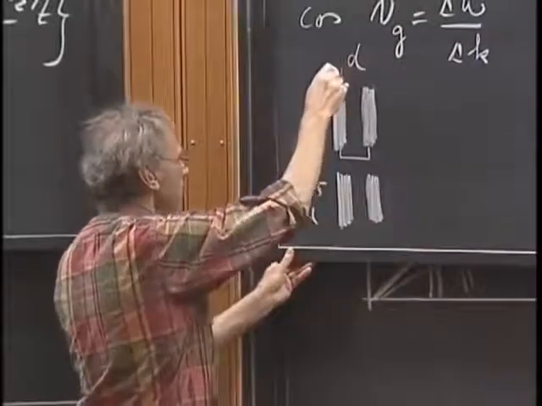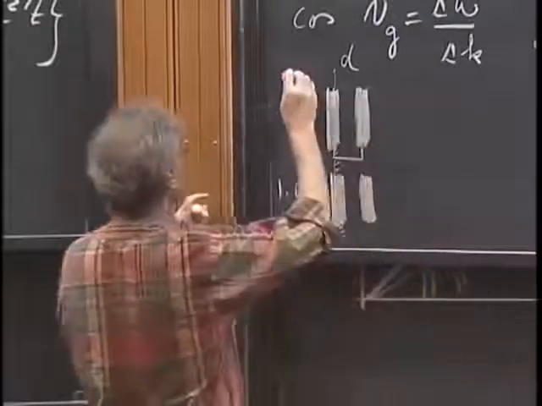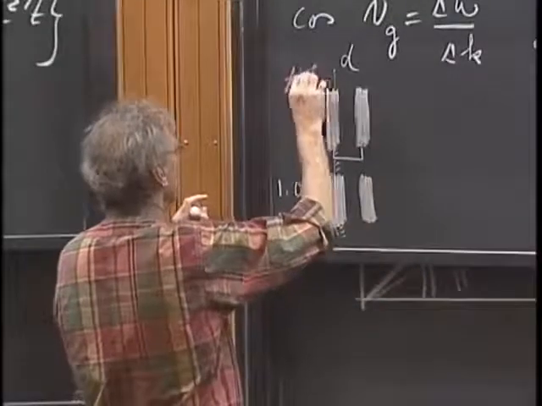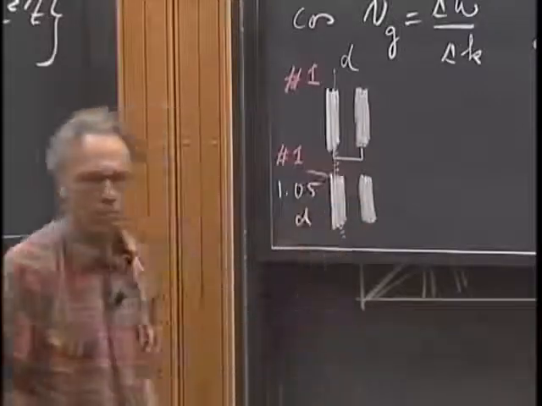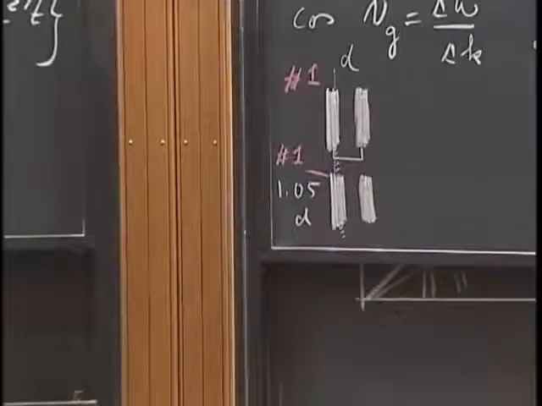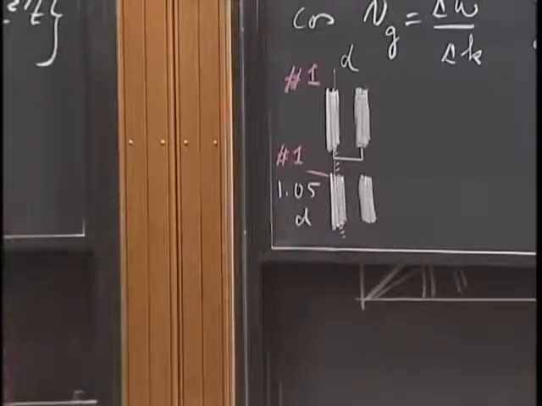And I line these up. So this is the very first one on my sheet. This is number 1. And this is number 1. So they line up. This one, the opening, the separation is 5% larger.